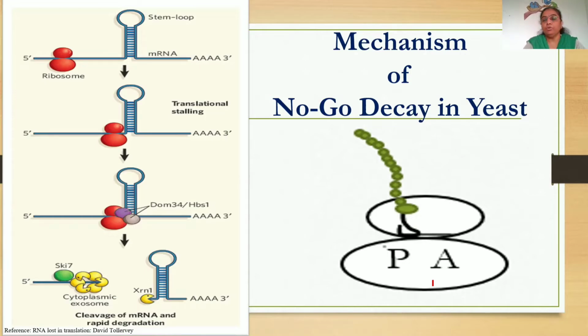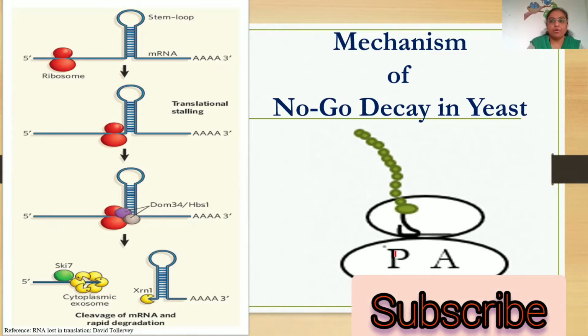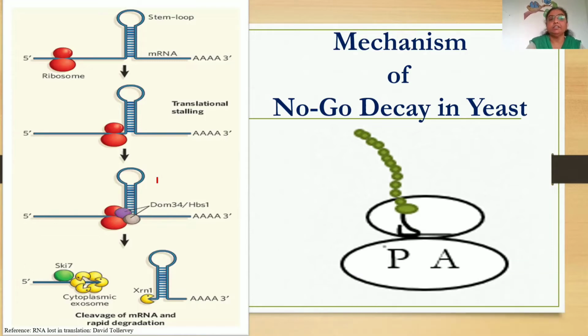Now, such a structure, which is formed at termination, occurs here during elongation. But here in elongation there is no stop codon. There is the presence of a codon, but the A site is empty.